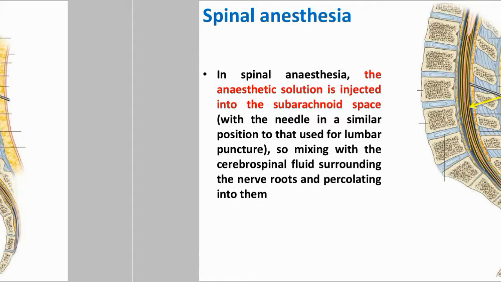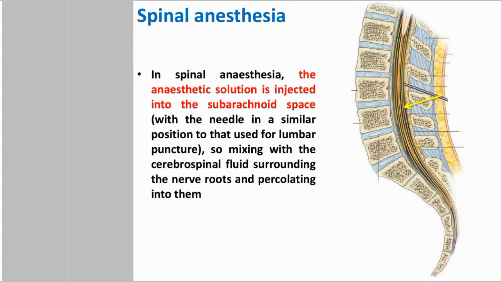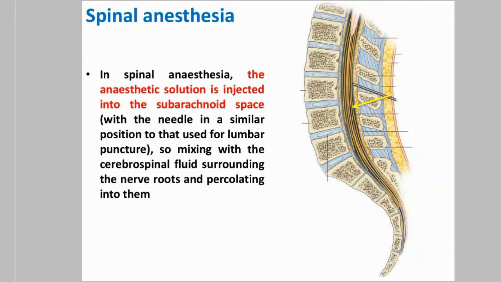We pass through the supraspinous and interspinous ligaments and through or between the ligamenta flava. Since the spinal cord ends at the level of the L1 vertebra, it is in no danger. Lumbar puncture does not penetrate the posterior longitudinal ligament. This is the lumbar puncture.